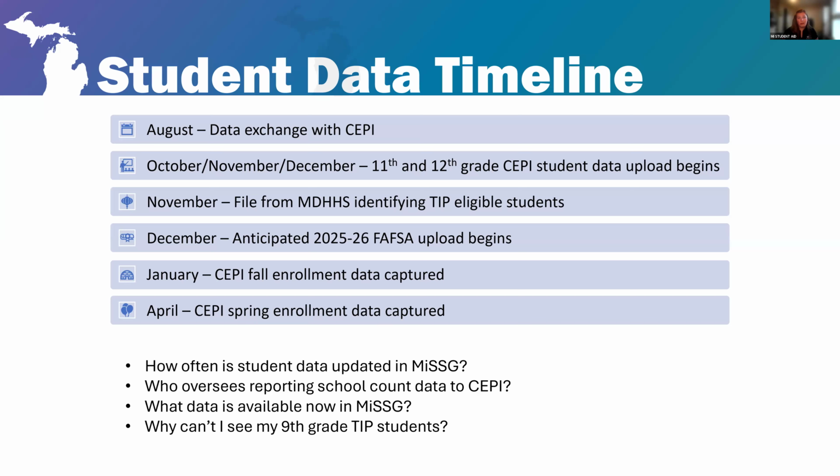I know that December is a quick month with the holidays, so maybe after the new year, once you're back in school, get into MiSSG and pull your TIP student lists again, because you may see new student names listed or displayed that weren't there at the beginning of the year. And that's just because we hadn't got that most recent file. So this is, again, just a really important timing thing, and making sure that you don't miss any students that maybe recently became TIP eligible after we received that file in November.